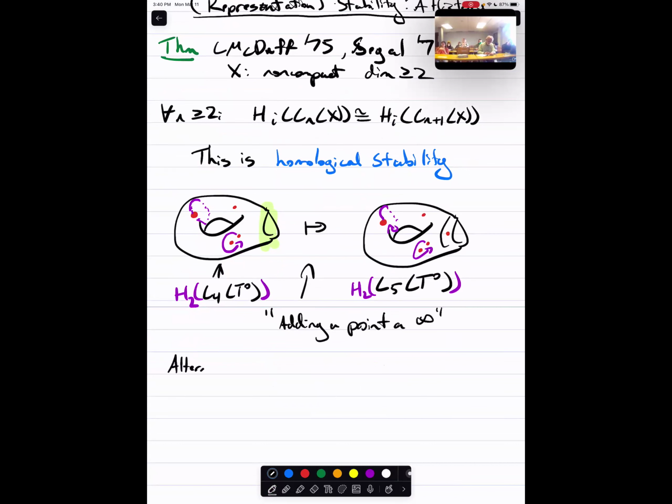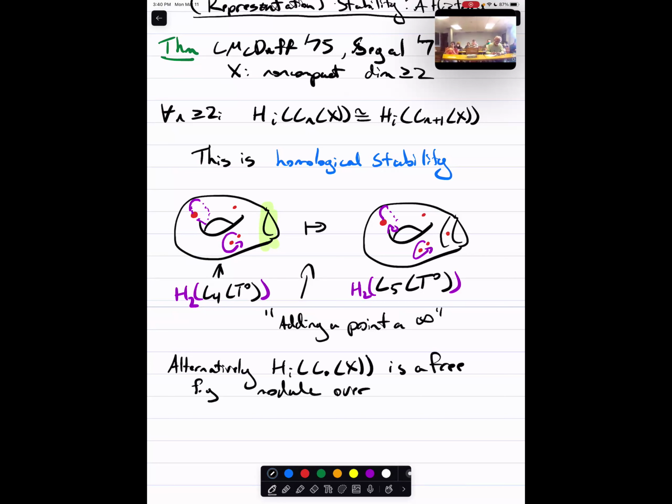Alternatively, the ith homology of the unordered configuration space of points in X can be viewed as a free, finitely generated module over the following ring: the ring of the 0th homology of the unordered configuration space of points in R2.